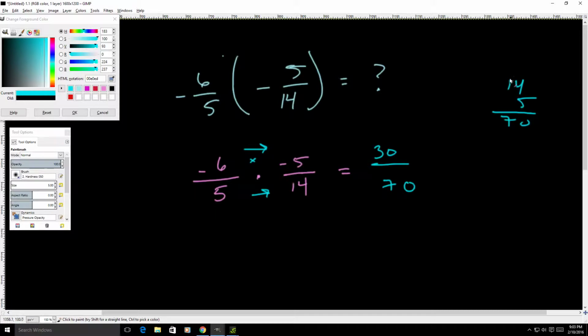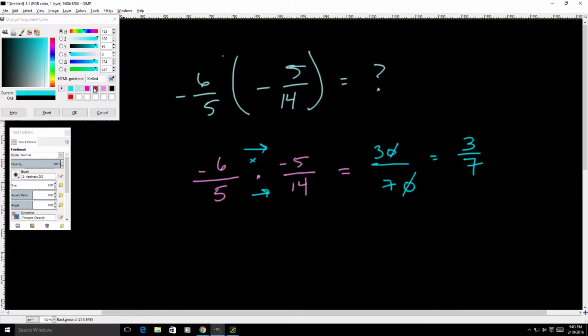Yeah, 70. So you get 30 over 70, and then you can reduce this pretty easily if 10 goes into each one of them, so you get 3 over 7.